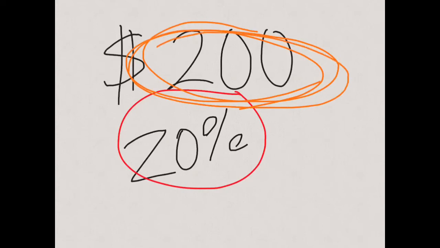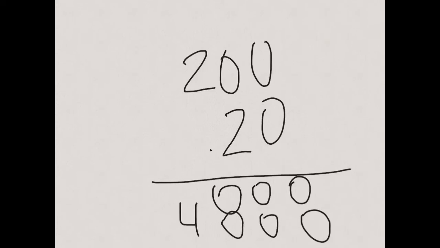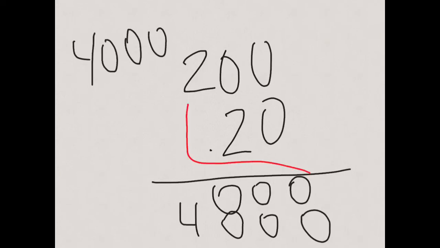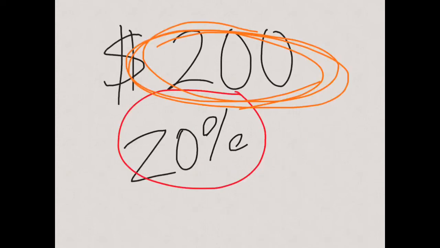See, I'm circling it again. So 0.20 times 200. So I have 4000. Again, I look, decimals is 2. So 20% of 200 is $40.